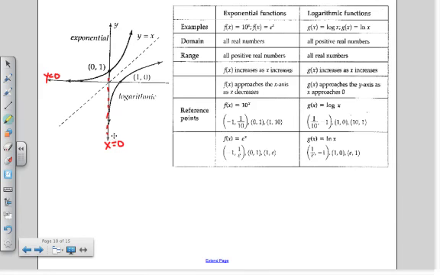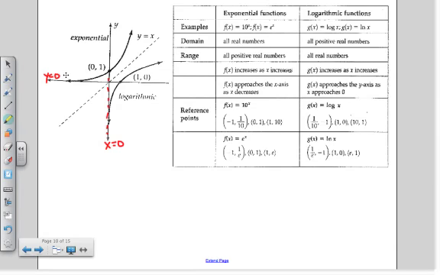So logarithm functions, your basic function before you do any shifting from the left to the right, has a vertical asymptote at x equals 0. And remember, we did a couple of problems that said there's no way that x can be a negative number. So the domain of an exponential function is all real numbers. The domain for a logarithmic function is only positive numbers.